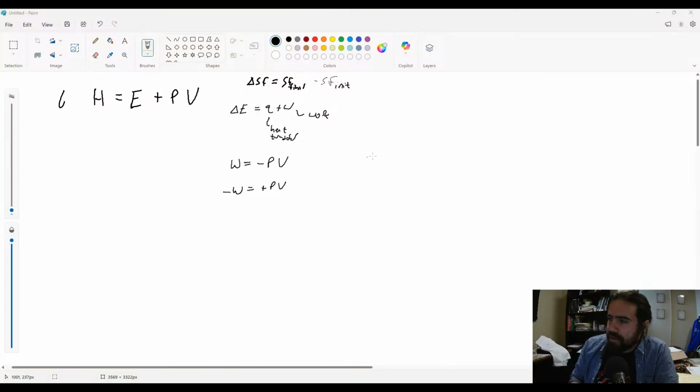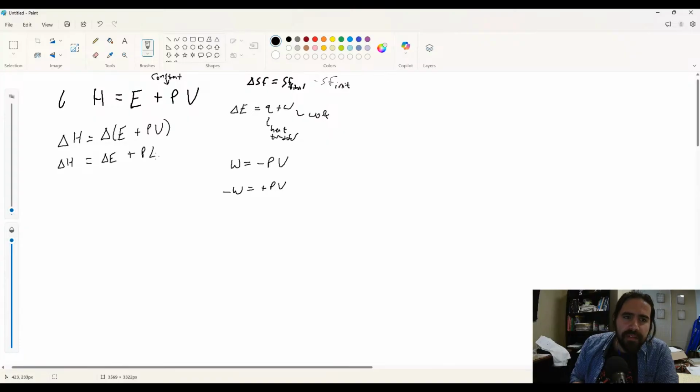If the pressure is constant, that would mean that the delta H would have to equal the delta in internal energy plus delta of P times V. Now, if there's no change in the pressure, we can just leave the pressure as is and distribute the delta with the E and the V. So that means that at constant pressure, delta H is equal to delta E plus P times delta V.